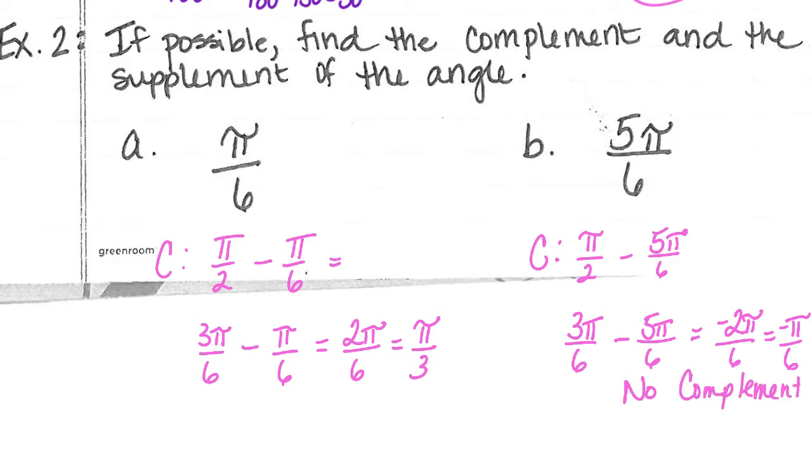All right, changing colors. Let's work on supplement. Supplement of pi over 6. Well, I know that supplement was just pi or 1 pi. And I know that 1 is equivalent to 6 over 6.